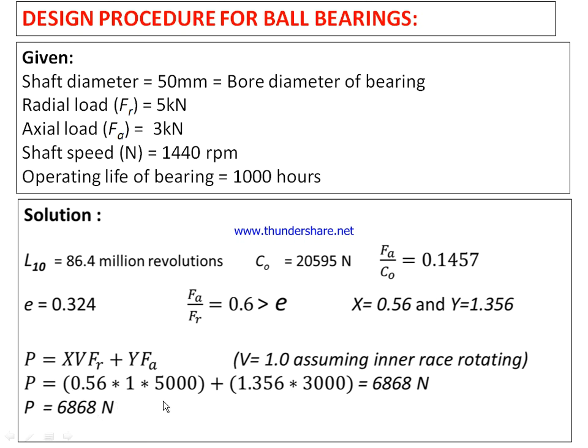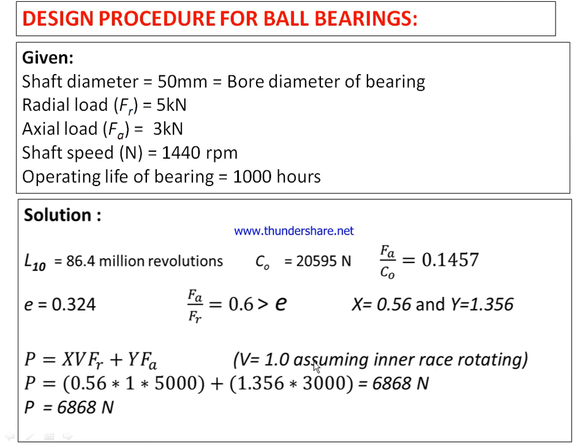If the loading conditions are given, like if a bearing is subjected to heavy shock loads or medium shock loads or light shock loads, then in that case this has to be multiplied by service factor CS, which can be obtained from the data book.